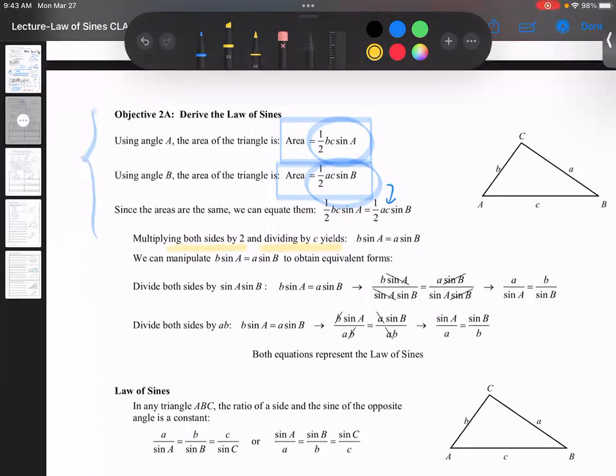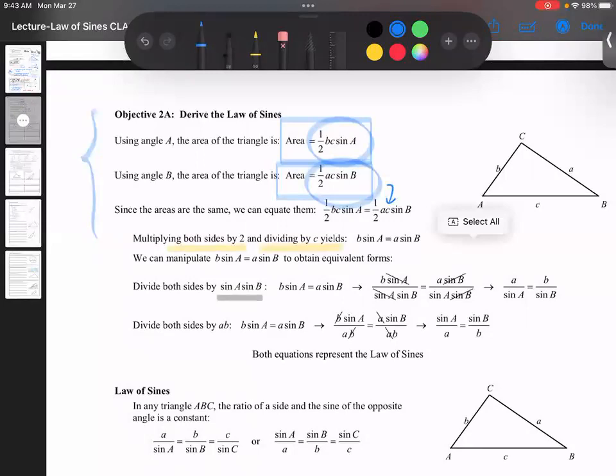If you divide both sides of that equation by sine A times sine B, then what you're going to yield next is what? On the left hand side A cancels, right? So you have b over sine B right there. And then on the right hand side B cancels, you have a over sine A. And that whole equation represents the law of sines.